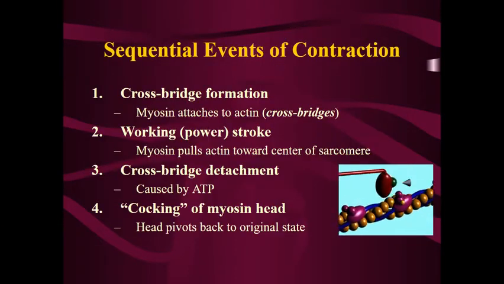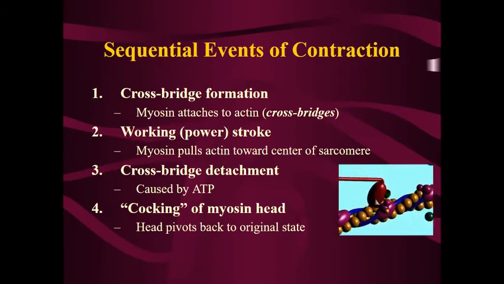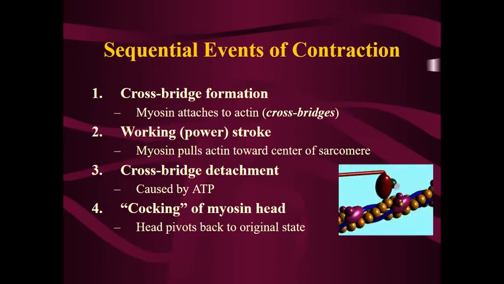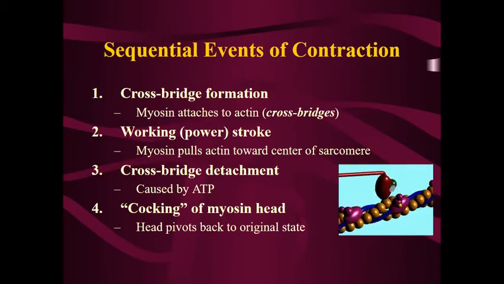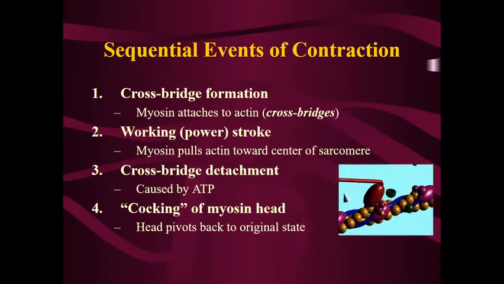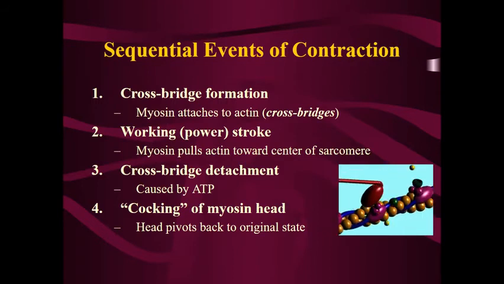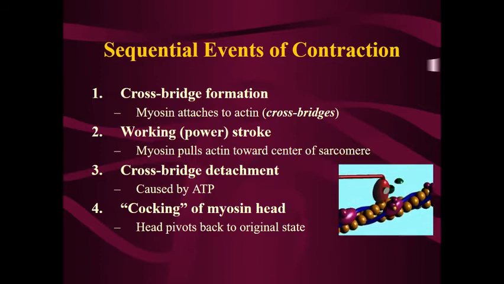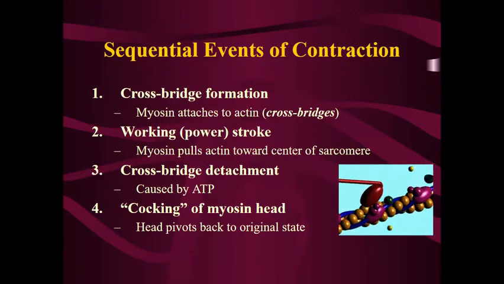So specifically, there are 4 sequential events of contraction. First is cross bridge formation, and that's where the myosin attaches to the actin, forming the cross bridges. 2 is the working or the power stroke, and that's when the myosin pulls the actin toward the center of the sarcomere. 3 is cross bridge detachment, and that's actually what the ATP is used for.